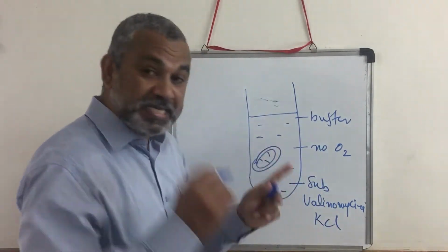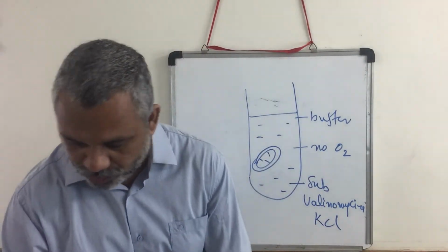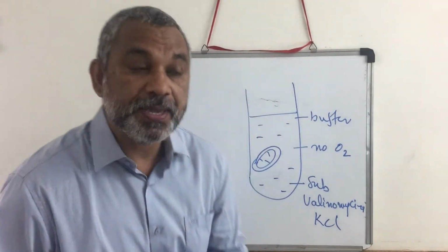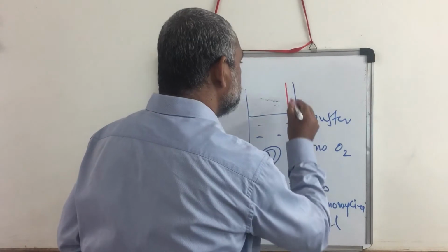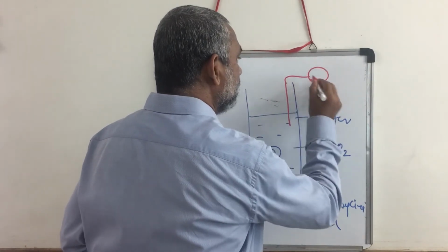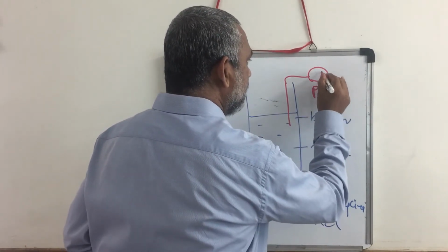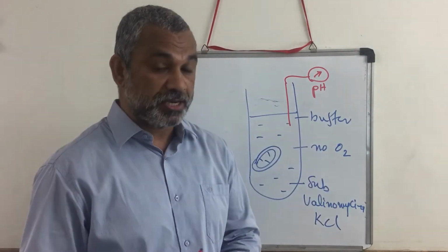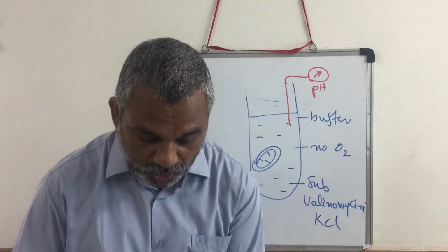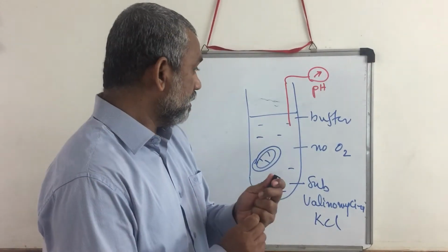Now, what is the other experimental setup? There will be a pH electrode attached to this one. A pH electrode is attached in order to monitor the change in pH.